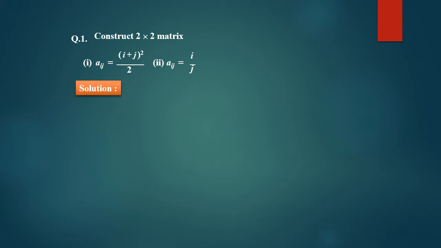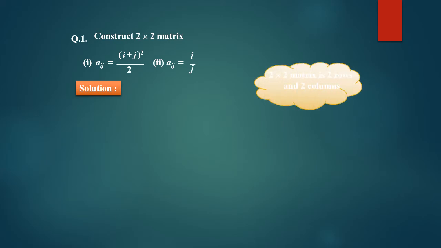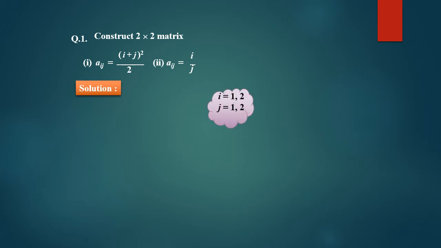So a 2 cross 2 matrix consists of 4 elements. That is, i and j take 4 different values. So we'll start with the first value. That is, i can take the value 1 and 2 and j can take the value 1 and 2. So the required matrix is of the form A11, A12, A21 and A22.